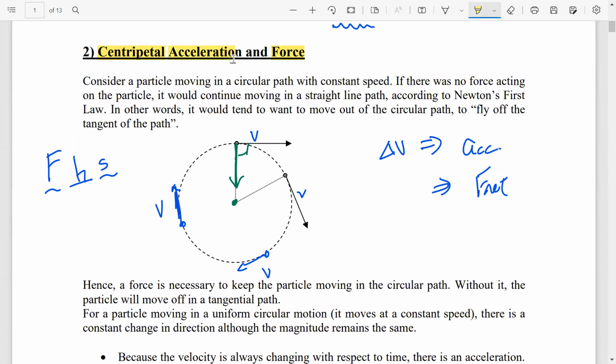So centripetal force and centripetal acceleration. The centripetal force itself is a force that is required for any object to be moving in a circular motion. In the 5th lesson, you'll be learning about gravitation, the forces of gravitation between, let's say, the Earth and the Moon, the Sun and the Earth. If you look at the solar system, all these objects are moving in circular motion, in this case around the Sun.